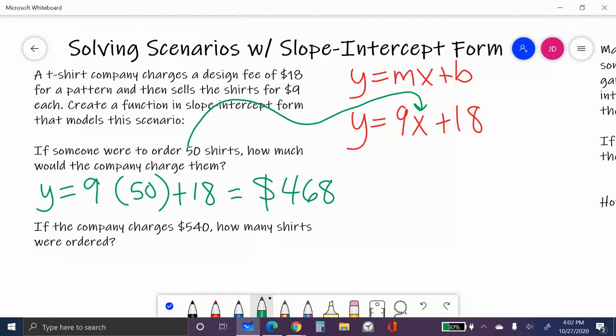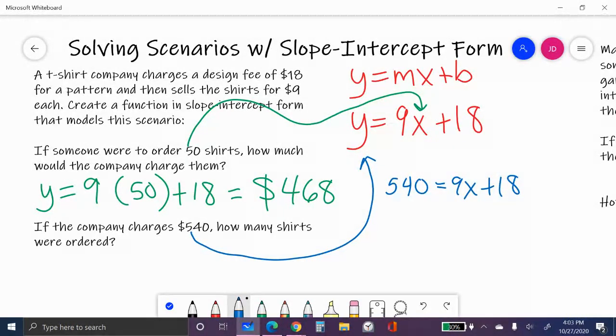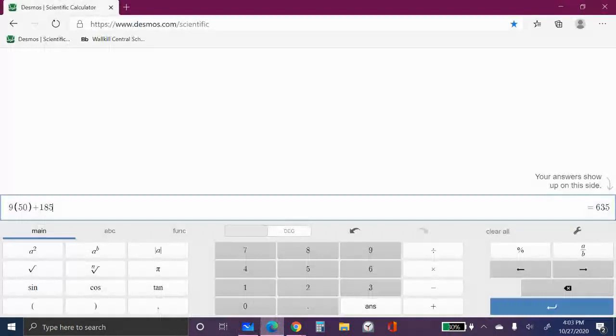If the company charges $540, how many shirts were ordered? So you have to take this one and instead plug it into y. All right, I'm going to give myself some room over here. So we have 540 equals 9x plus 18, since the y value is going to be my total charge. So we solve that, minus 18 from both sides. 540 minus 18 is 522.